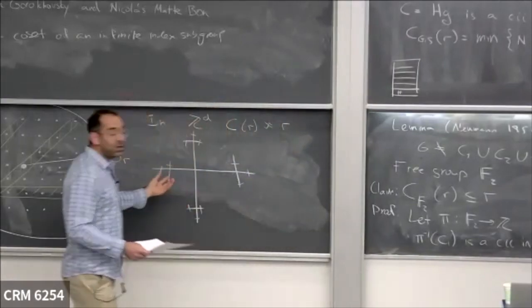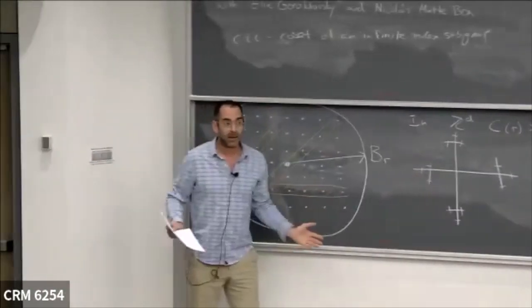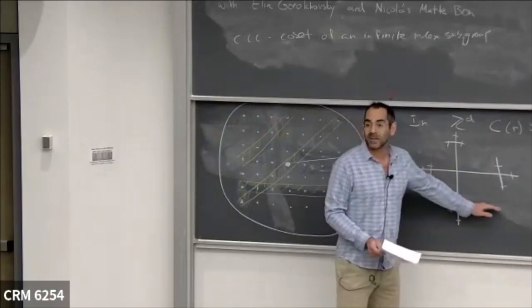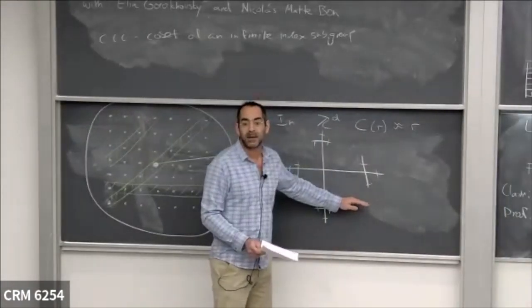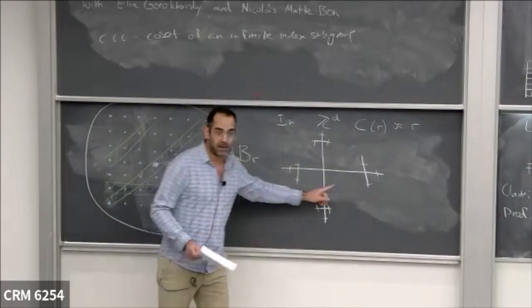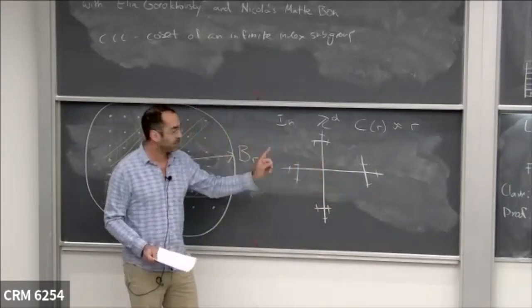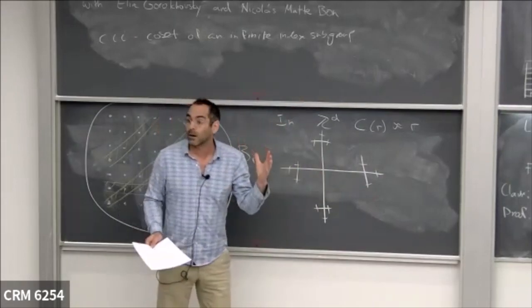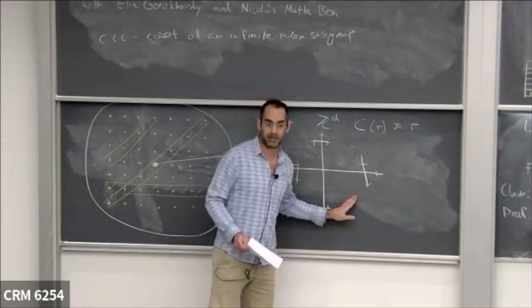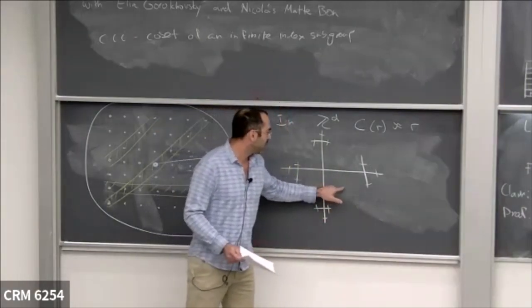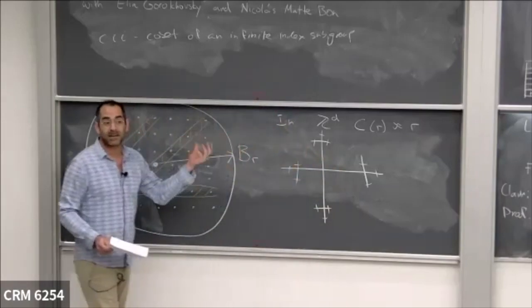But because F2 has quotients to everything generated by two elements, F2 is the worst case. If I can cover anything with, say, log r cosets, then I can do it for the free group, right? If I can cover the ball of any group of radius r with, say, log r cosets, I can also do it for the free group. So the free group is a very interesting case because in some cases it's the hardest case.